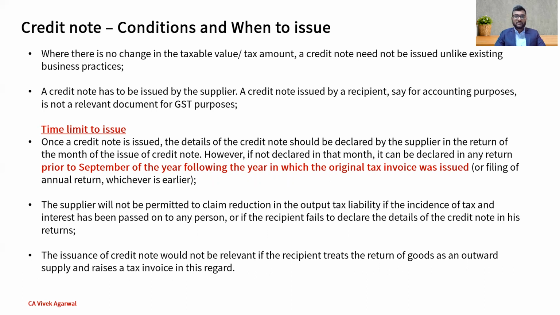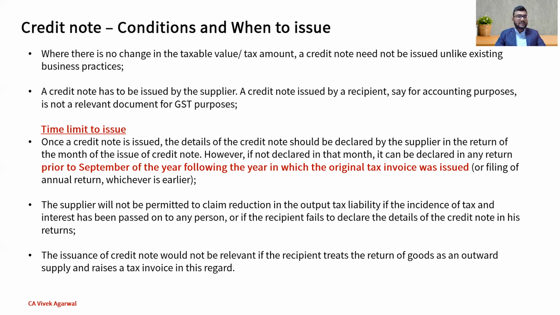Now, a very important topic and a very important time limit which the GST authority has set today: once a credit note is issued, the details of the credit note should be declared by the supplier in the return of the month of the issue of the credit note.